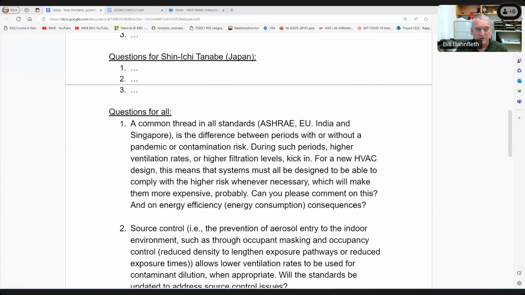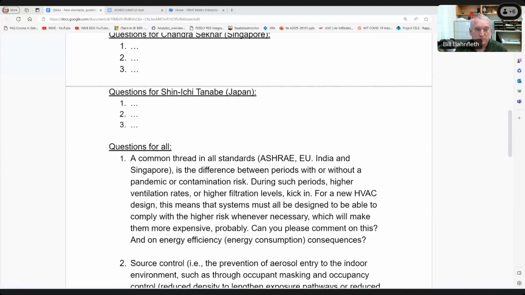As far as energy, I just don't accept the notion that we can't have better IAQ and maintain our energy goals. And we've already had one article published by a member of the committee that shows that can be the case. I would also say that if we simply do better maintenance, we'll save enough energy to pay for anything we might do in terms of increasing energy to have better IAQ.